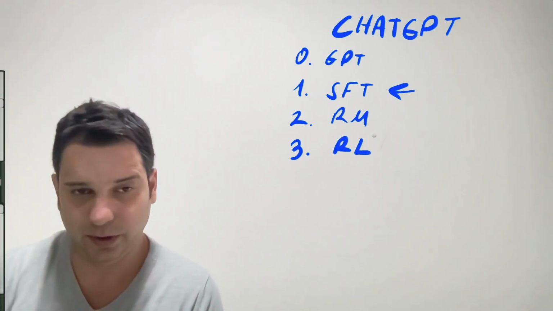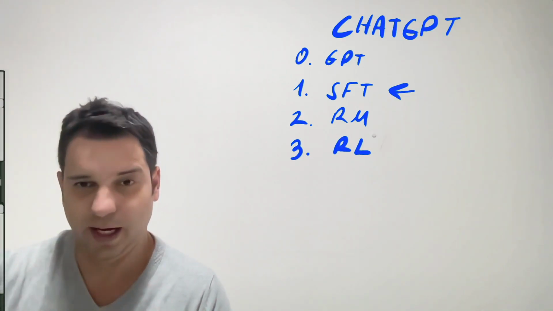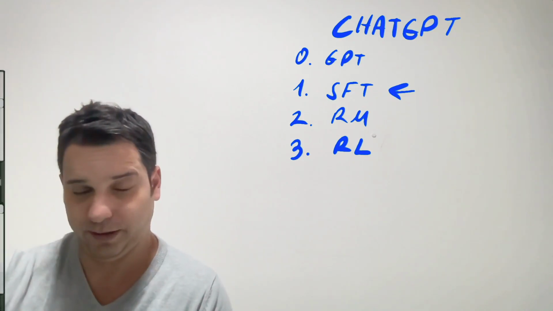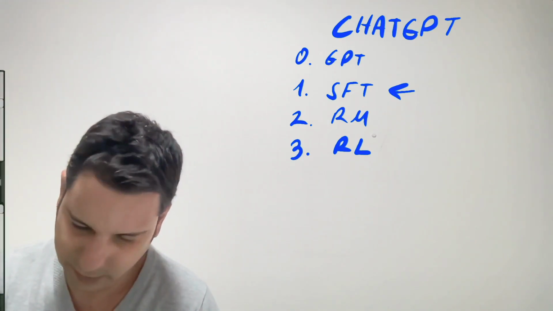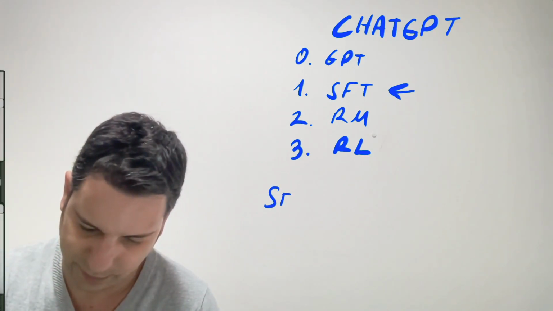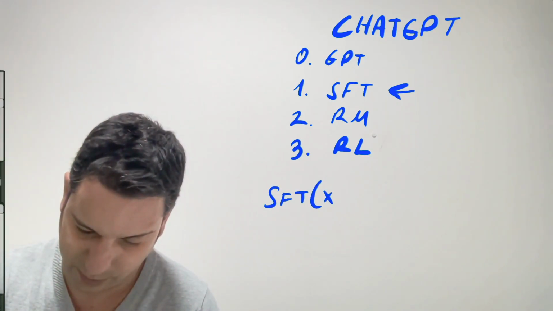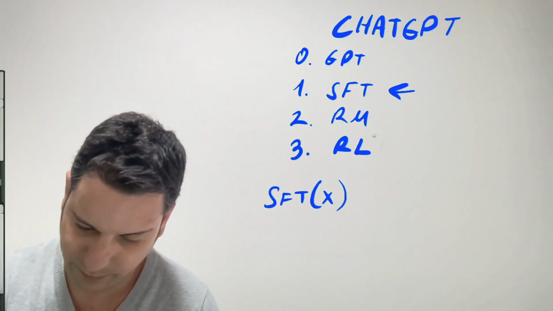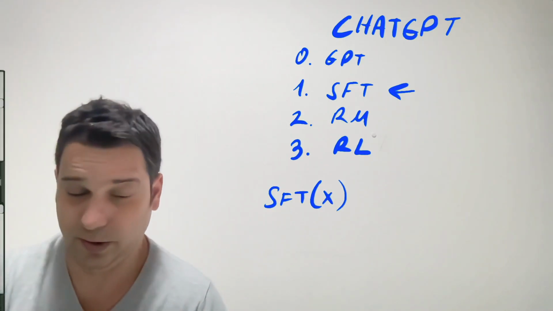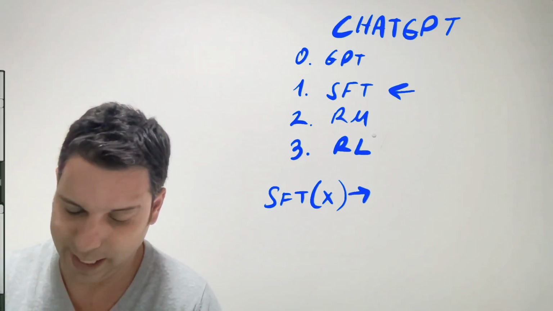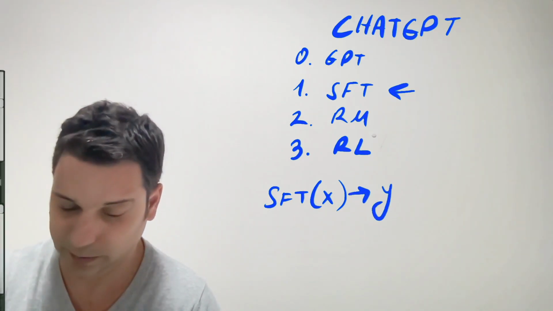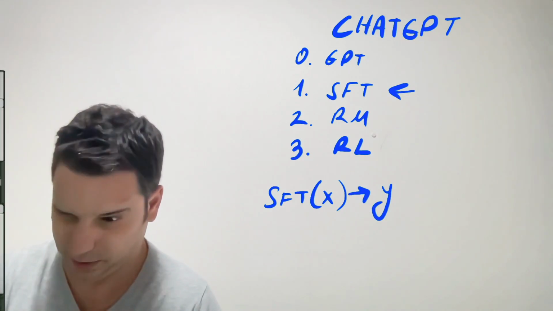And how are we going to do that? Pretty simple. Again, we're going to pick random prompts. So we have the SFT getting a prompt, and in reinforcement learning, it's called an action. The action will be the regular output text of this model.